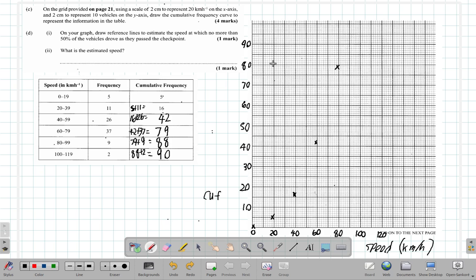The next point, 88, the height of 88, close to 90. Just 2 below 90. And my speed here is 99. Okay, 2 below 90, just to the left of 100. It's 99.5, halfway between 99 and 100.